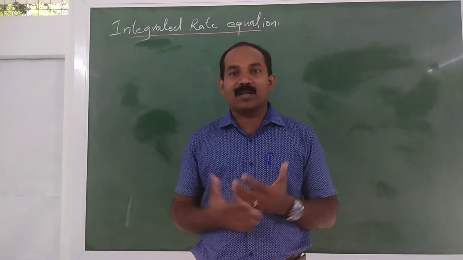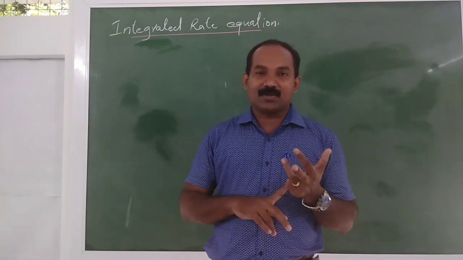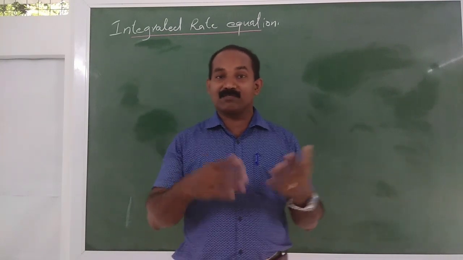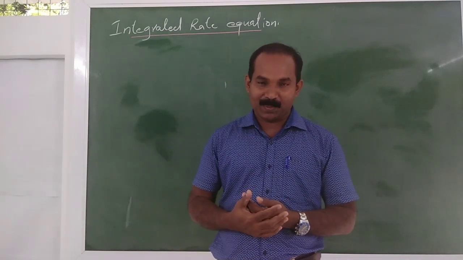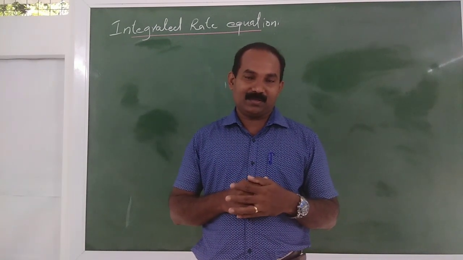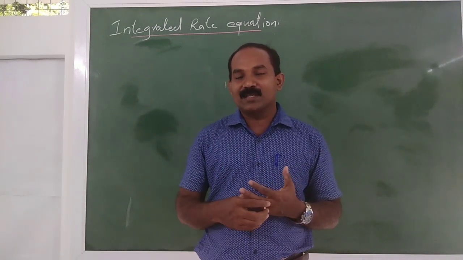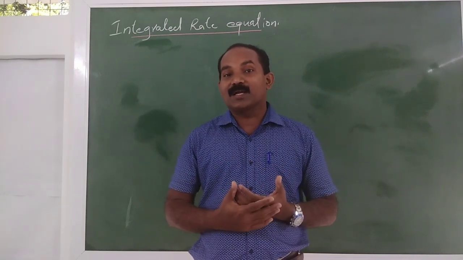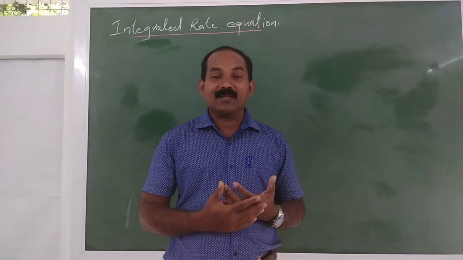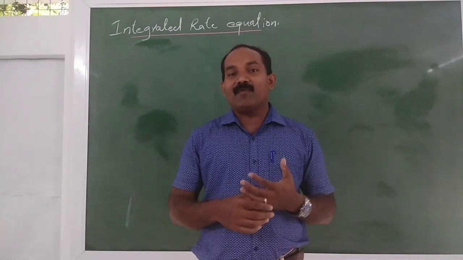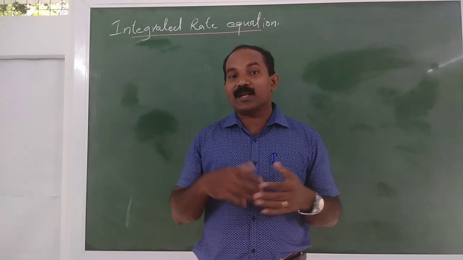What are the different ordered reactions? First order reaction, second order reaction, third order reaction, zero order reaction, fractional order reactions. The integrated rate equation helps us determine the rate constant of a reaction; here we easily calculate the rate constant.